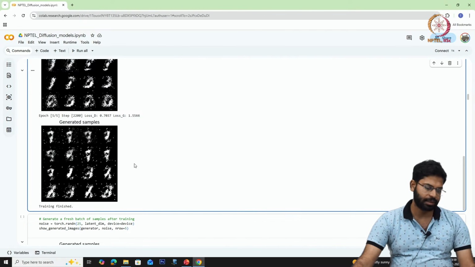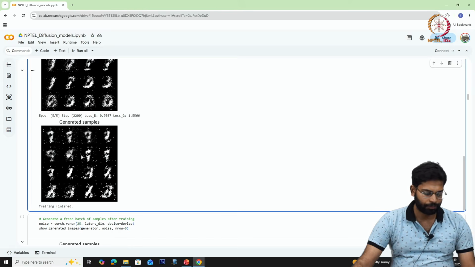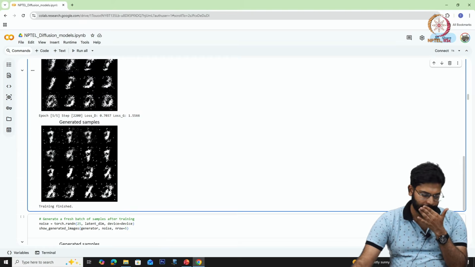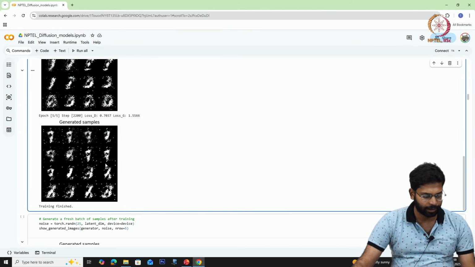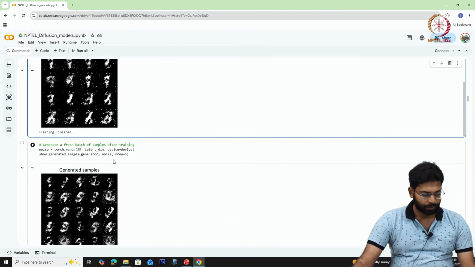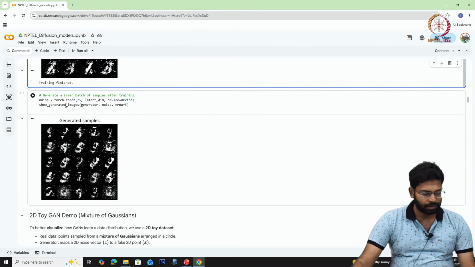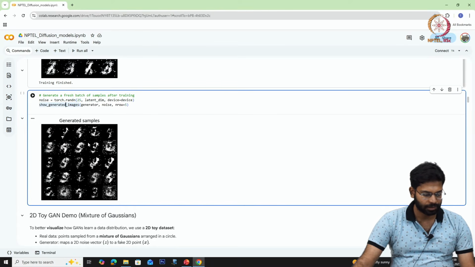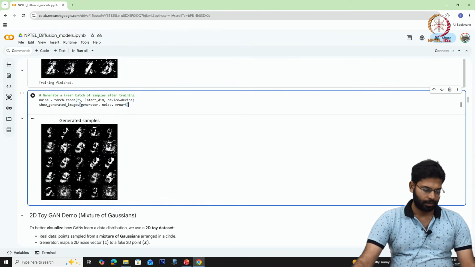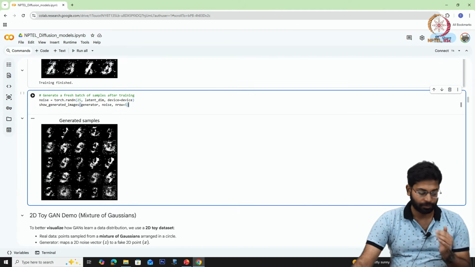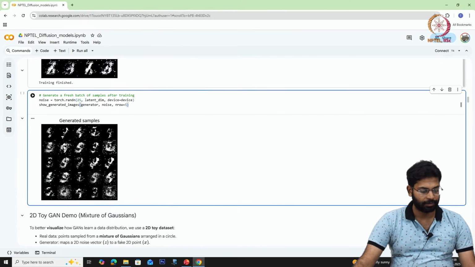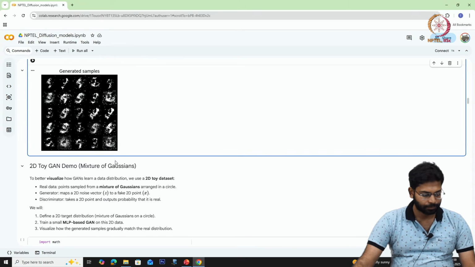So this was a basic example of how you can see it slowly converging towards real looking digits starting from random noise. You can use that generator to generate these handwritten-like images. It's not so good, but this is a basic example. With much larger, stronger networks, you should be able to get better images.